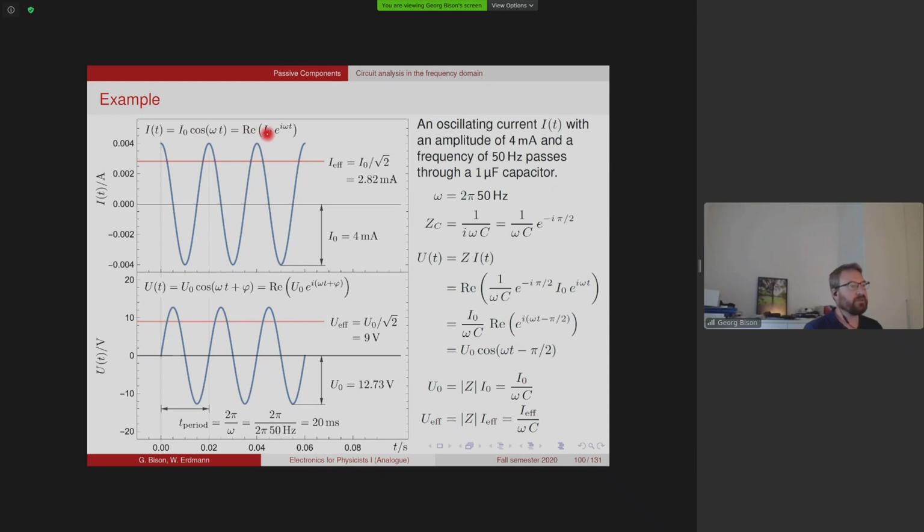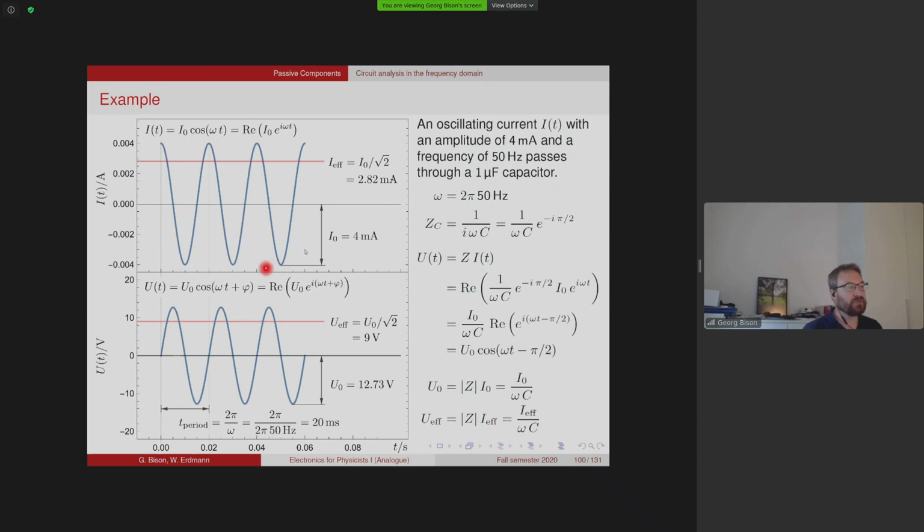And the amplitude is simply a scaling factor that is not affected by this. So in this example here, I've chosen an amplitude of 4 milliamps. And then, of course, we get a sine wave that oscillates between -4 and +4 milliamps. So this amplitude is measured from 0 to the peak.